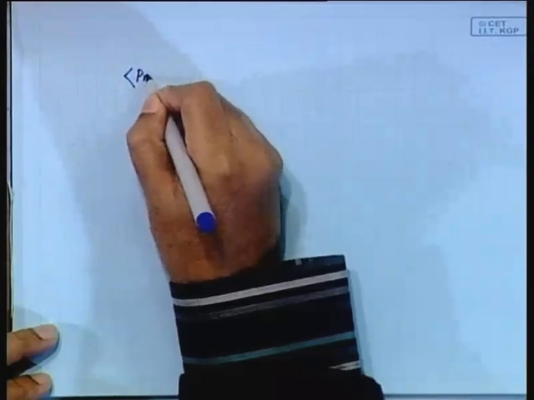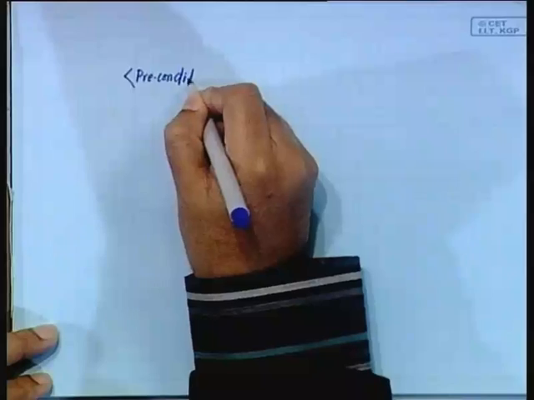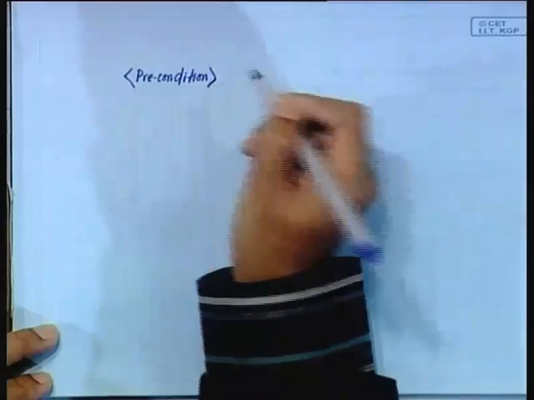A distributed algorithm will typically look like this: there will be some precondition, okay.